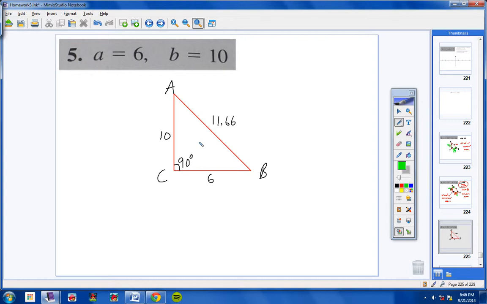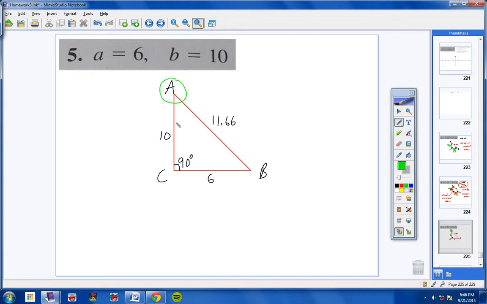Okay, but anyways, moving on, here's side 6, and notice side 6 is smaller than side 10. So since side 6 is smaller than side 10, then we know that angle A, which is across from side 6, is smaller than angle B, which is across from side 10. So we're going to solve for A first because A is the smaller angle.